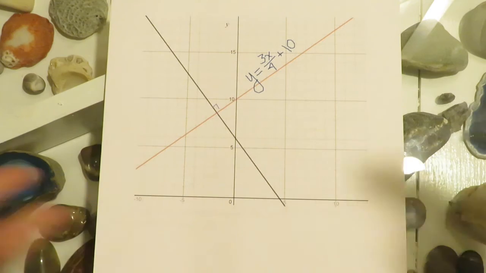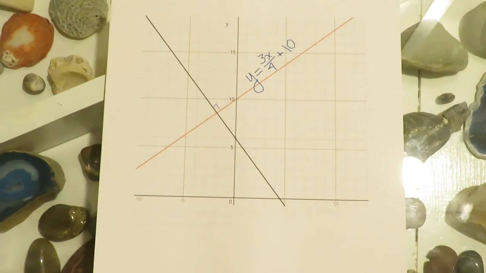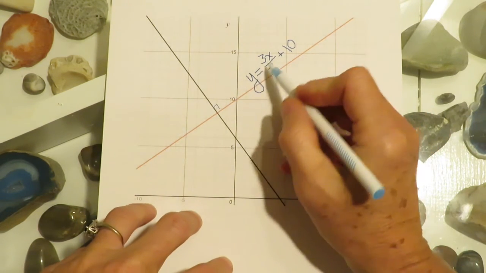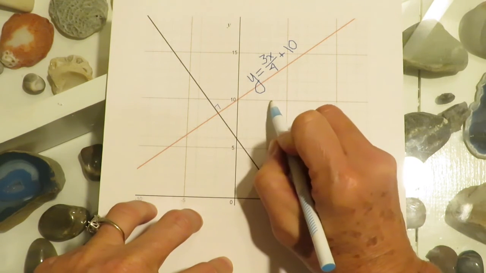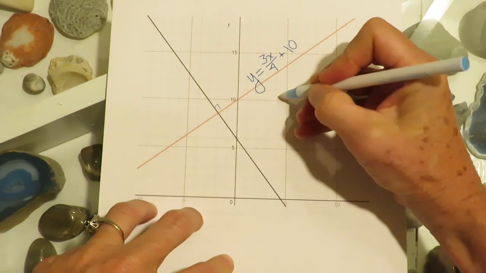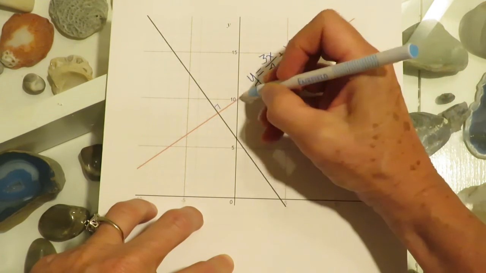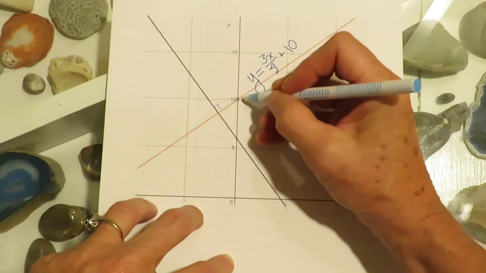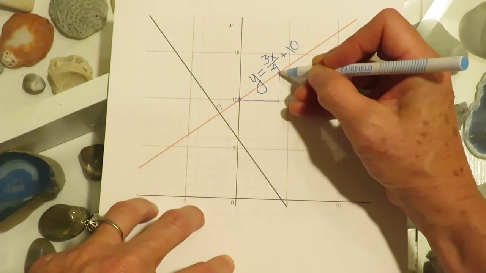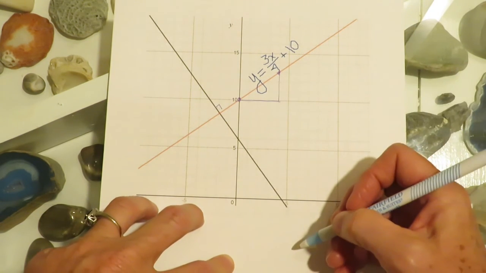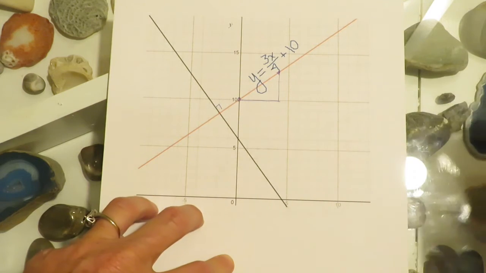Not only that, but here my slope is 3/4. So that means when I go over 1, 2, 3, 4, I go up 1, 2, 3 to get to another point on the line, or any ratio that's equivalent to 3/4. I could go over 1 and go up 0.75.